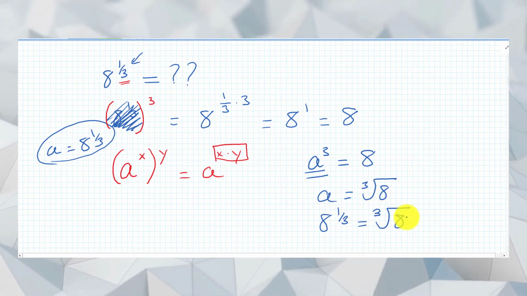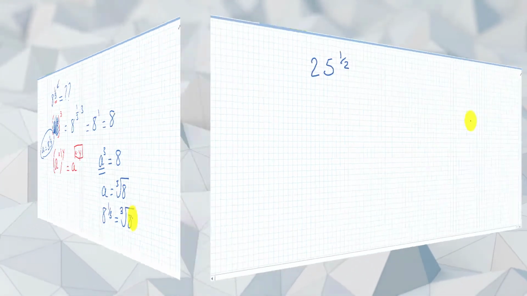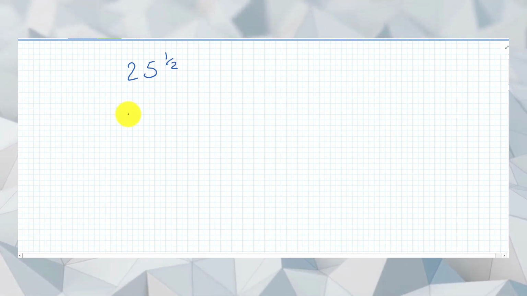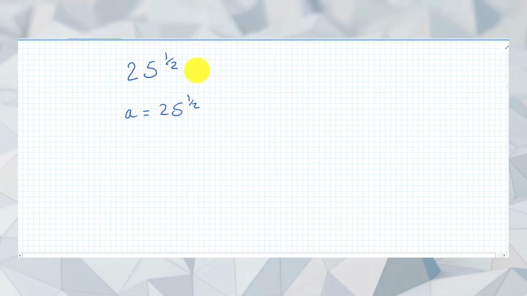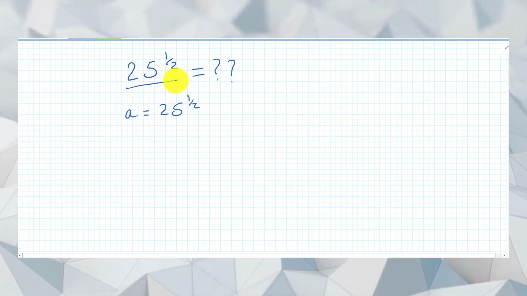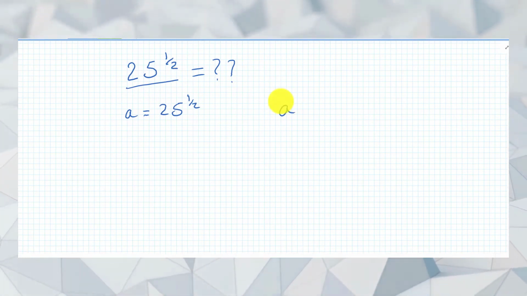Okay, let's go over a second example, just like this one, to make sure we are on the right track. Let me look now at 25 to the 1/2. Let me call this number a. Again, what I'm trying to do is find a meaning for that. I don't know what this number may mean, so I'm going to take a and square it.